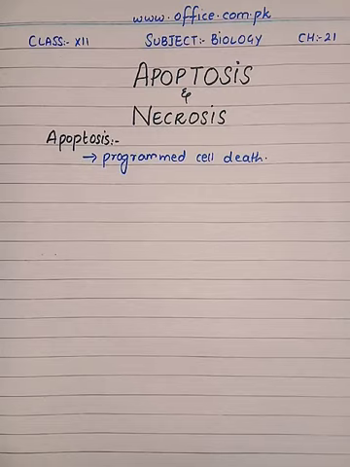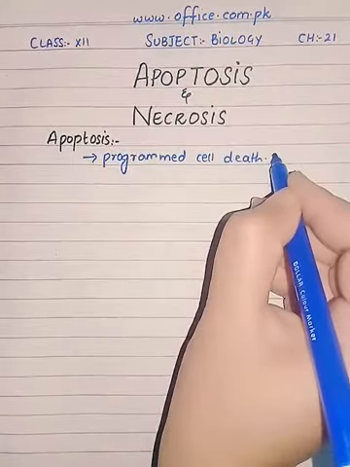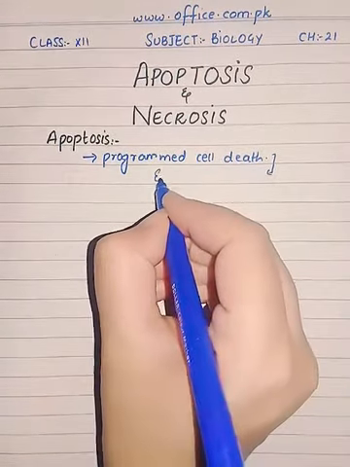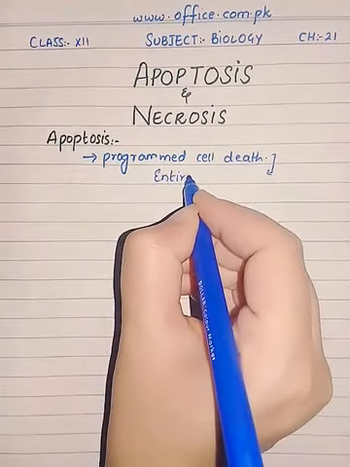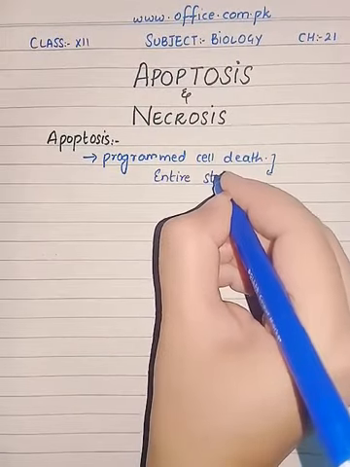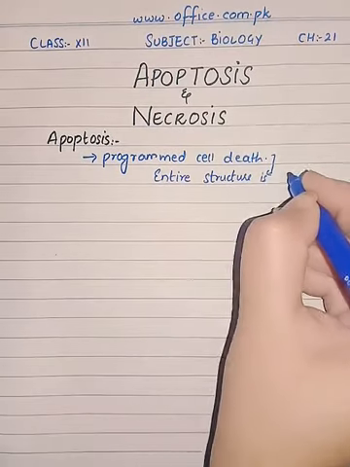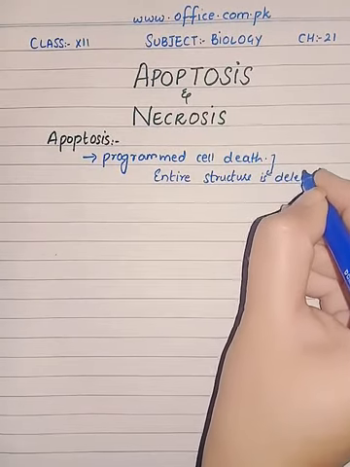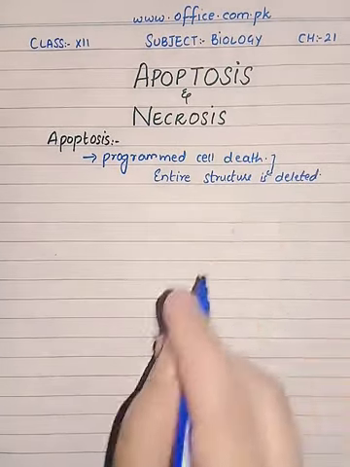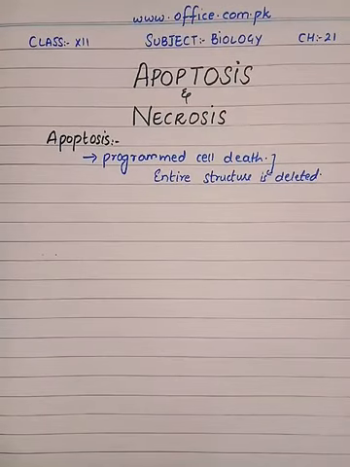Programmed cell death helps in the proper control of multicellular development, which can lead to deletion of an entire structure. Sometimes after the cell death, the entire structure is deleted. For example, the tail of human embryos: when humans are at the embryo stage, they have a tail.